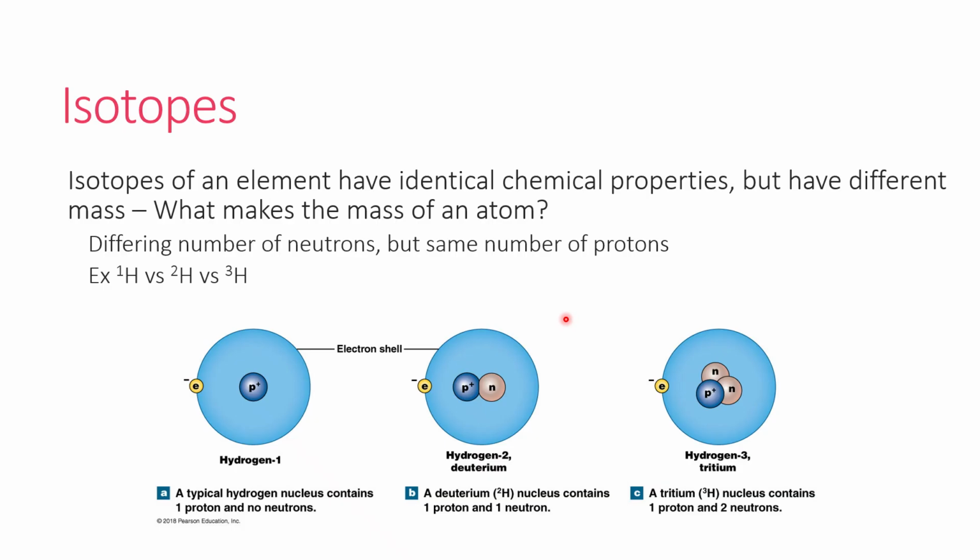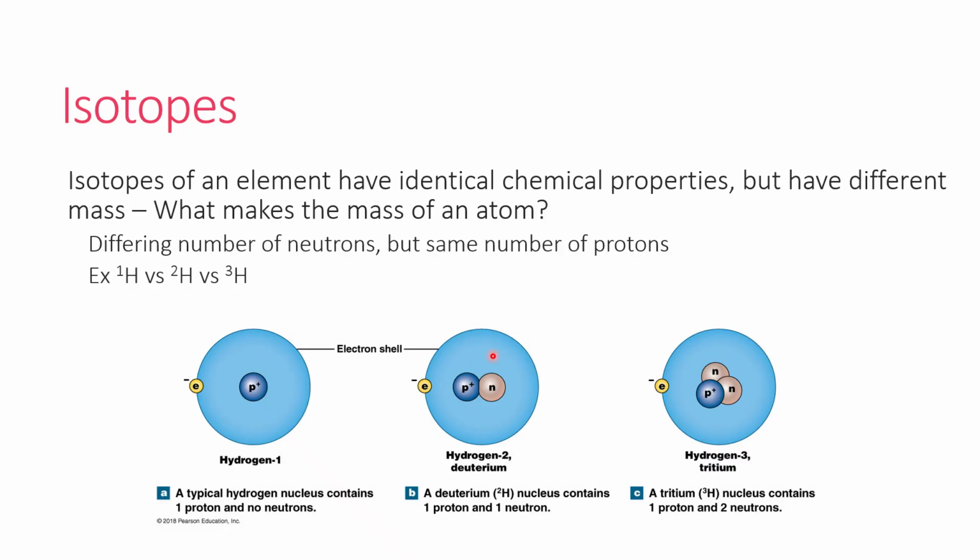The majority of the mass is made up of the protons and neutrons. Now, we can't really change the number of protons, because if we change the protons, we have to change the number of electrons, because we need electrons and protons to be equal. So isotopes have the same number of electrons and the same number of protons, but they differ in the number of neutrons they have.